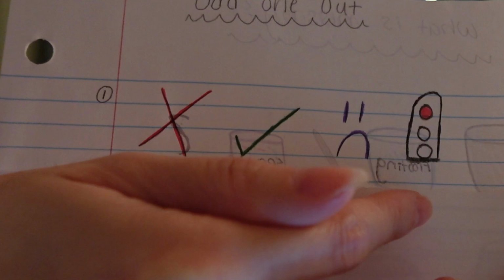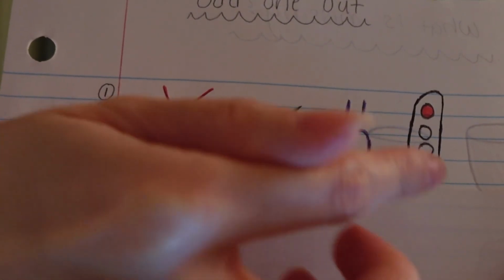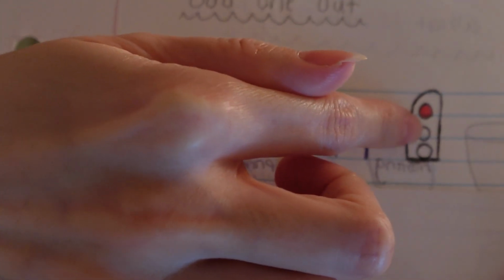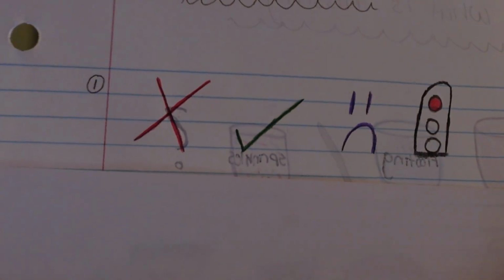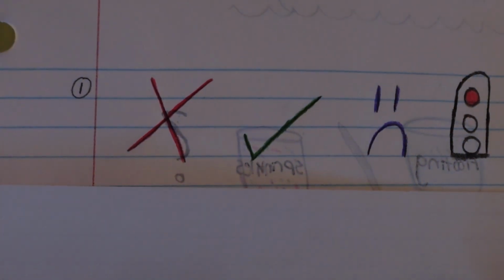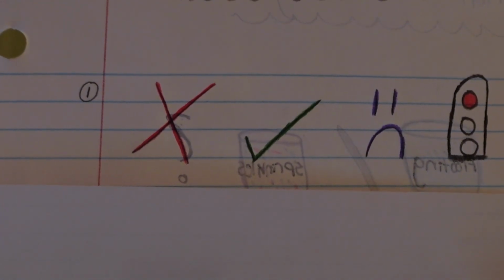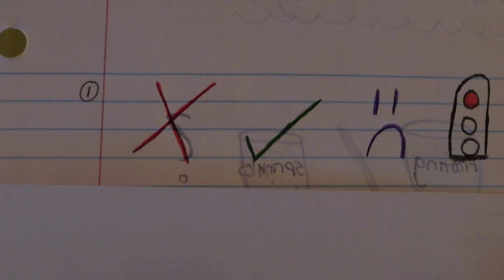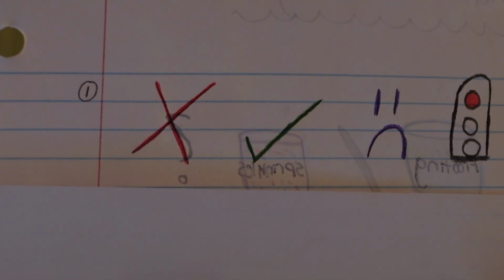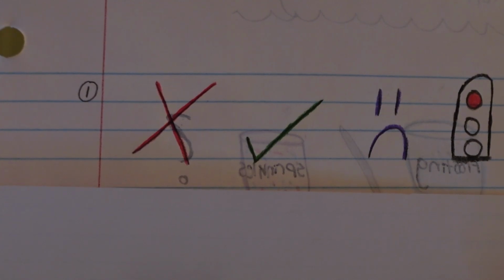And we have a traffic light with the light being red. So, which one of these is the odd one out? Is it the X, the check mark, the sad face, or the red traffic light?